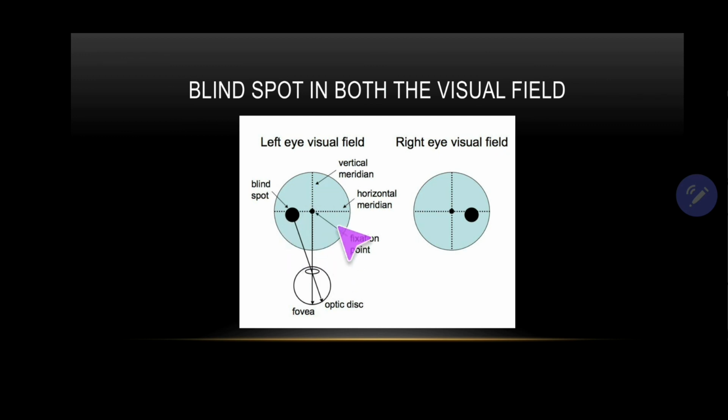The coordinates in the visual field are the opposite of the coordinates in the retina. Got it? So the optic disc is represented laterally in the visual field, and that's the point of physiological scotoma, or the blind spot in the visual field. I hope you've understood it. Okay, thank you. That's done.